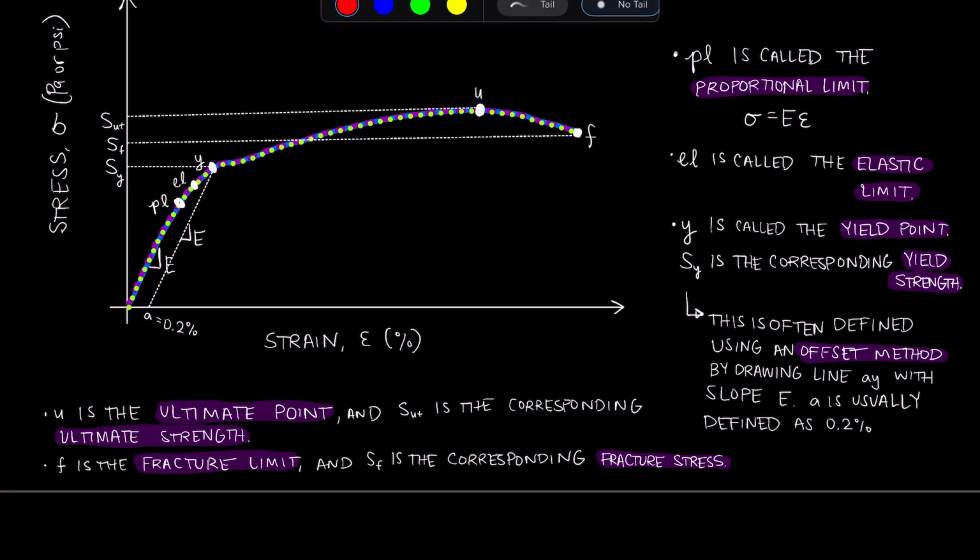Regardless of the heat treatment, carbon content, or alloying, which are all things we talked about in our previous video on materials processing, those things typically will not have much of an effect, if any at all, on Young's modulus, although they will affect things like the yield strength and the ultimate tensile strength.